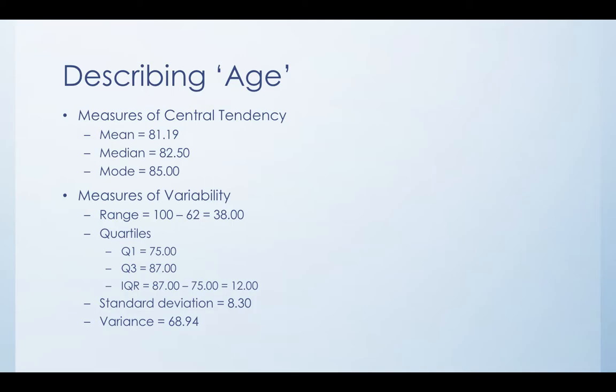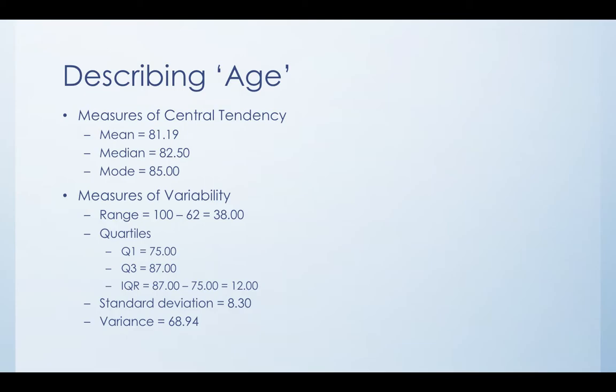Now the quartiles. If you think about arranging our data from low to high and we cut our data into four equal pieces, there are three cuts to accomplish that. The first cut is Q1. Our value for Q1 is 75. That tells me that approximately 25% of the subjects have ages 75 or lower, and approximately 75% of the ages are above 75.